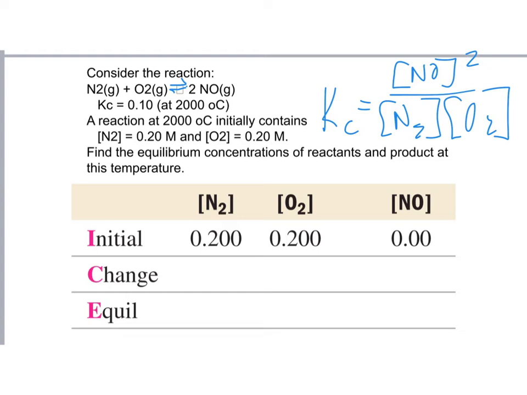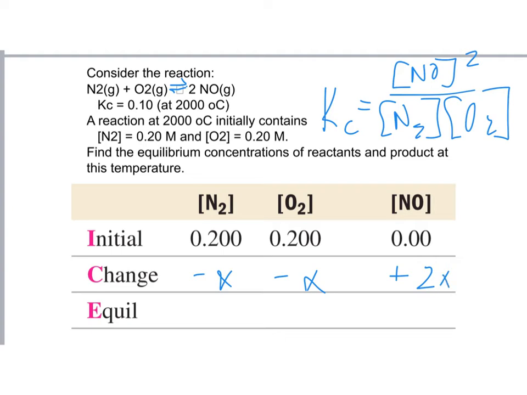Well, I know at this point, right, that I have to create some product. So I don't really have to look for a Q at this point because I know it's going to move towards NO, right? And the way it's going to move towards NO is we're going to have a minus x, and we're going to have a minus x, and we're going to have a plus 2x, right?